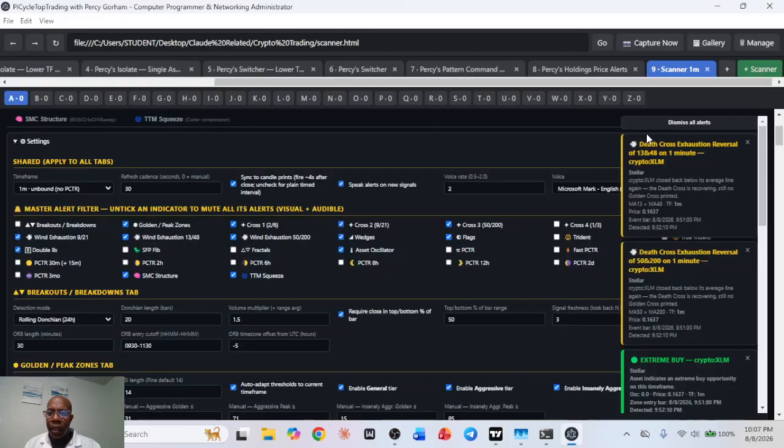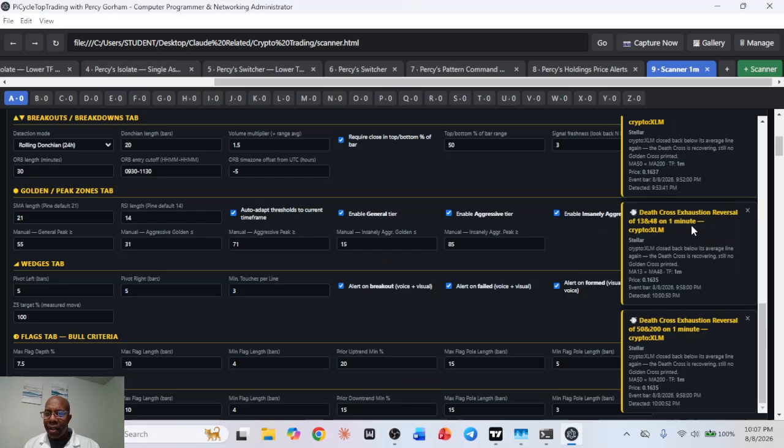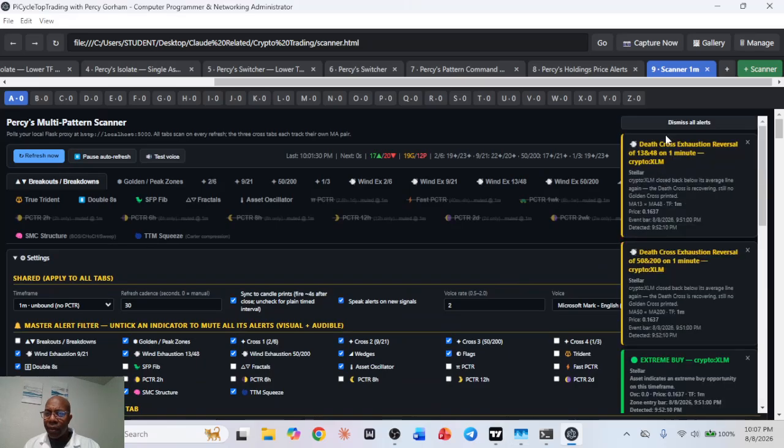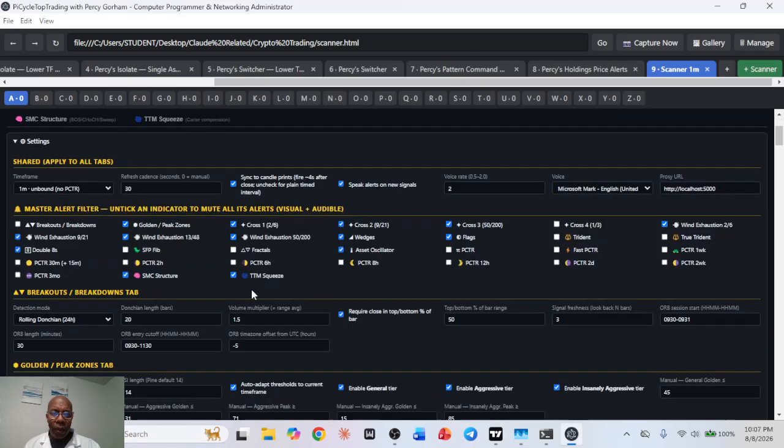All right, let's see what we have here. We have a scanner, and the scanner can look for, let's count them, even though they're all not in here.